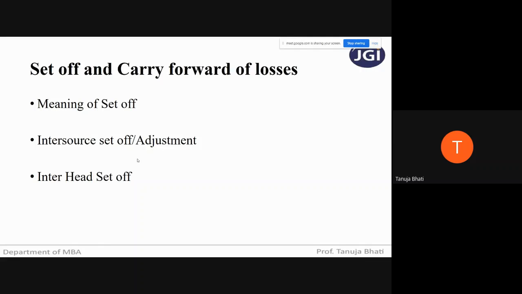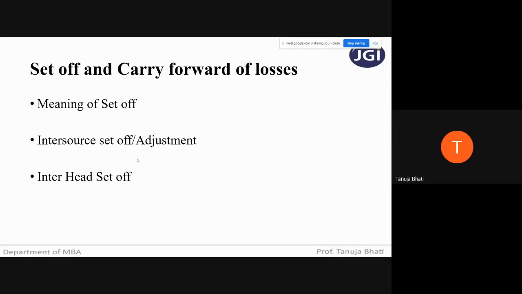See, short-term capital loss, long-term capital loss. Both are belonging to which head of income? They are belonging to income from capital gains, correct? But there are certain impermissible set-offs. Even if they are under the same head, you cannot set it off. And such an exception is long-term capital loss.